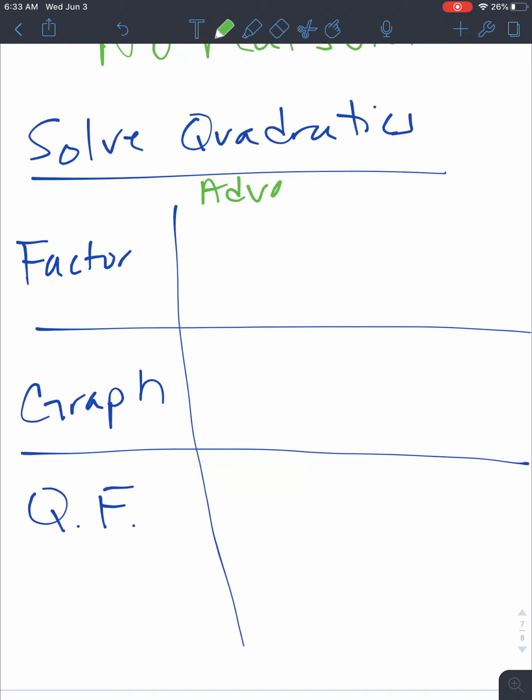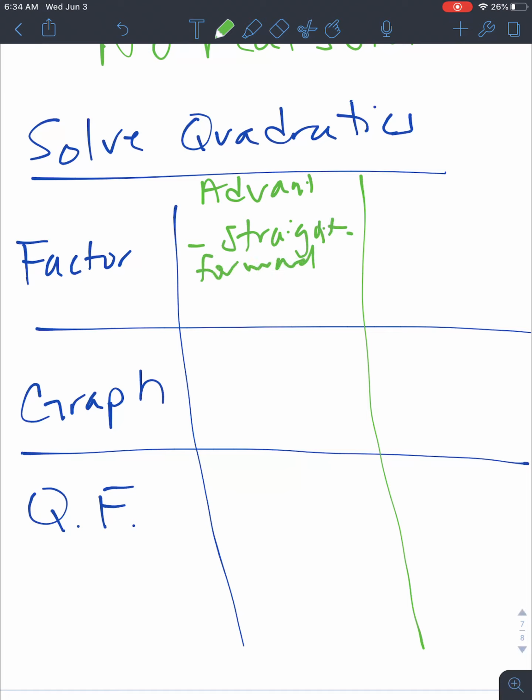So, advantages about factoring. One of the advantages about factoring is that it's very straightforward when it can be factored easy. So, straightforward when easy. I feel like most things are straightforward when they're easy, though.